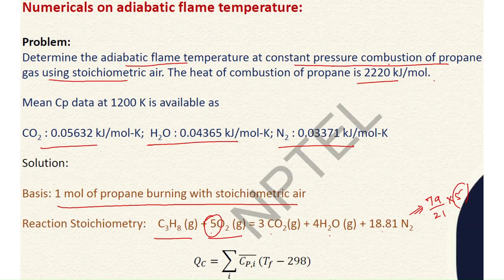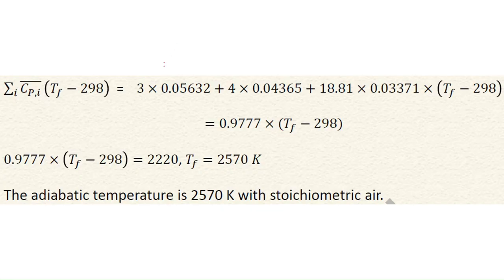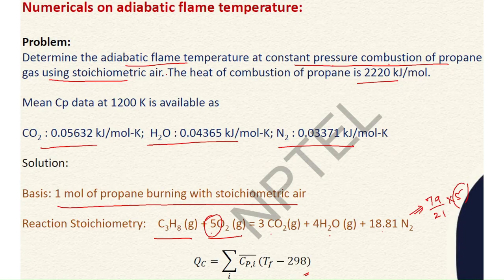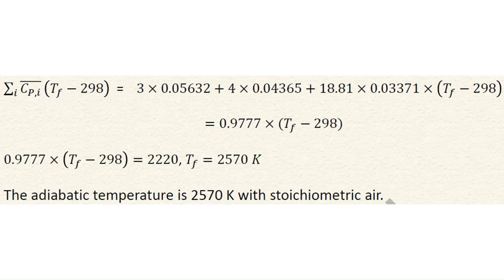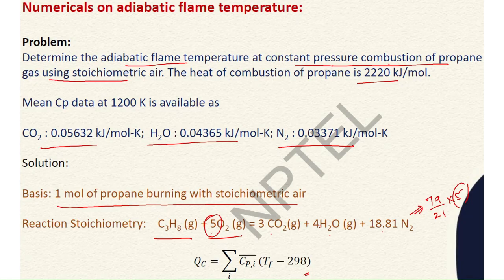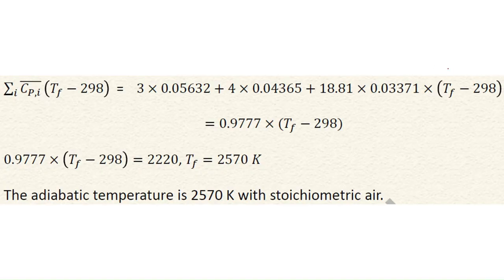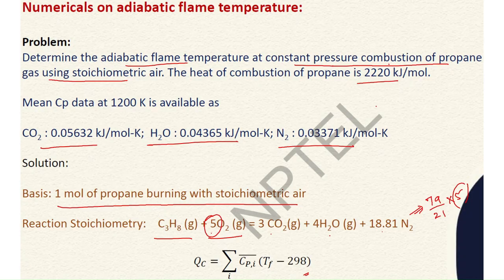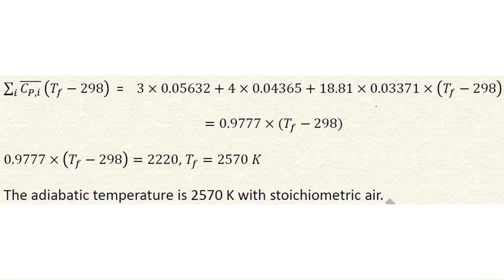Taking this reaction into account, Qc equals sigma n_i Cp_i into (T_f minus 298). So for carbon dioxide, 3 moles of carbon dioxide into Cp of CO2 plus 4 moles of H2O into Cp of H2O, then 18.81 moles of nitrogen into Cp of nitrogen.